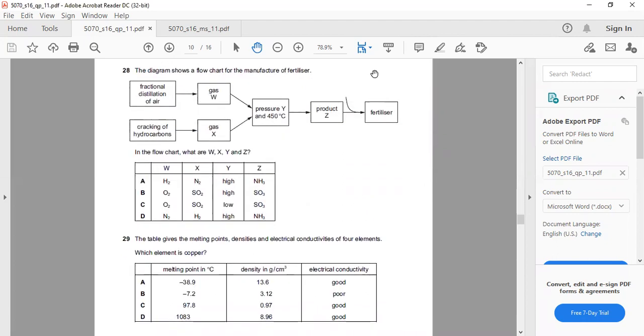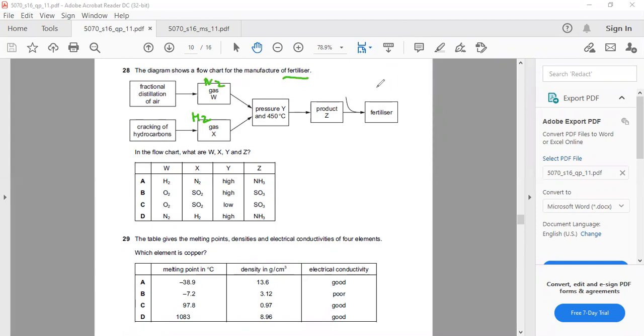Number 28. Fresh fertilizer. Okay. Usually we prepare hydrogen from cracking of hydrocarbon, and we get nitrogen.